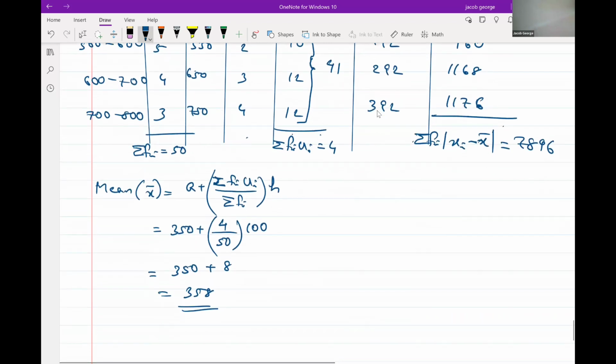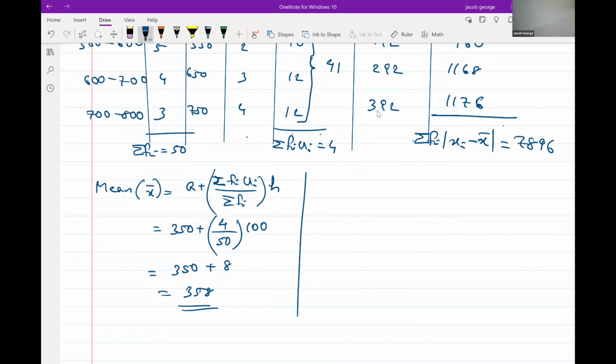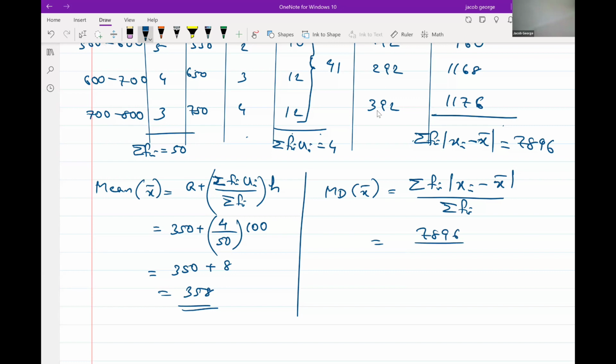Yes. Now the final step is mean deviation about mean is equal to sigma fi into modulus xi minus x bar upon sigma fi. That is equal to 7896 by 50. So please divide 7896 by 50.